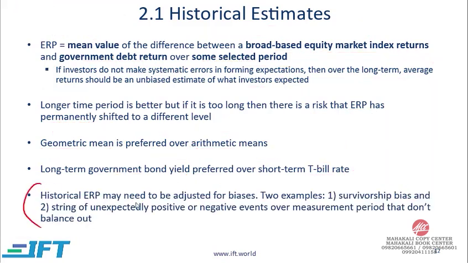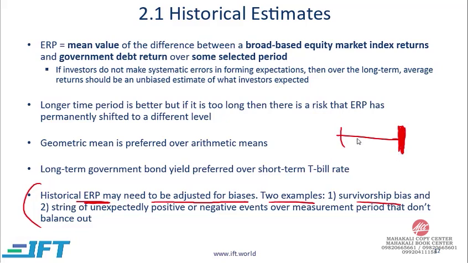The final point on the slide is right here. Historical equity risk premiums may need to be adjusted for biases. Where can biases come from? Here are two examples. You can have a survivorship bias, and we are going to look at an example here, but very briefly, when you look at equity returns at this point in time, if you take an index, the stocks in the index at a given point in time are the stocks that have survived.